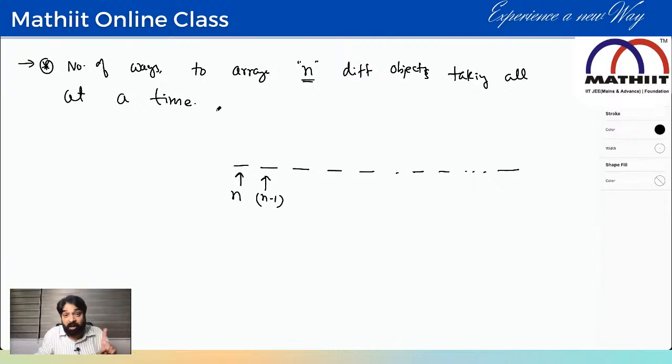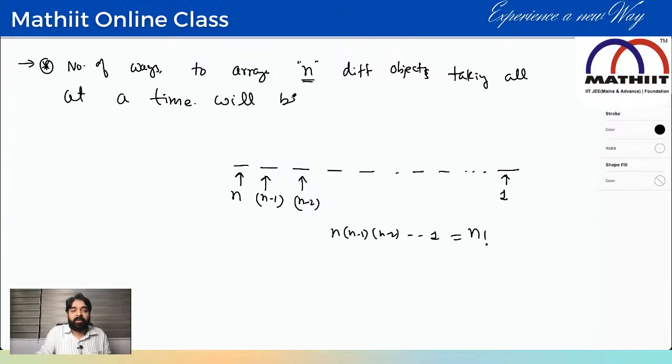Because repetition was not mentioned, so repetition will not be allowed. This place I can fill in n minus 2 ways. First place n ways, second place n minus 1 ways, third place n minus 2, and the nth place 1 way. The total number of ways will be n into n minus 1 into n minus 2, and so on till 1. That is nothing but n factorial. So the answer will be n factorial. Have you understood?